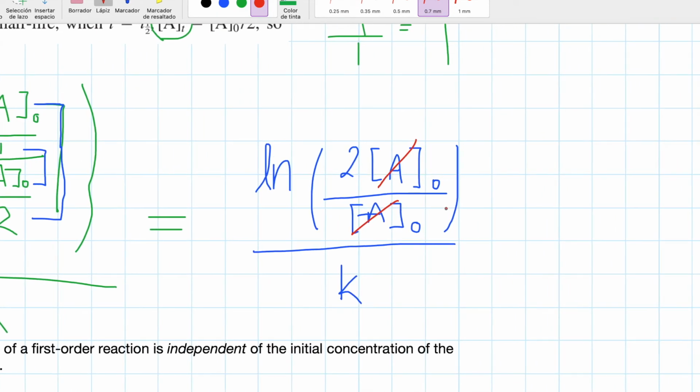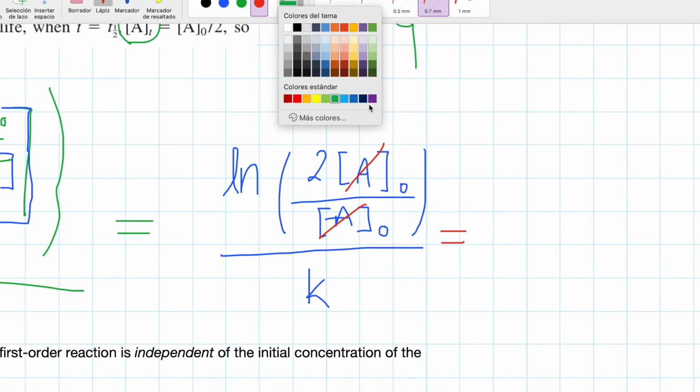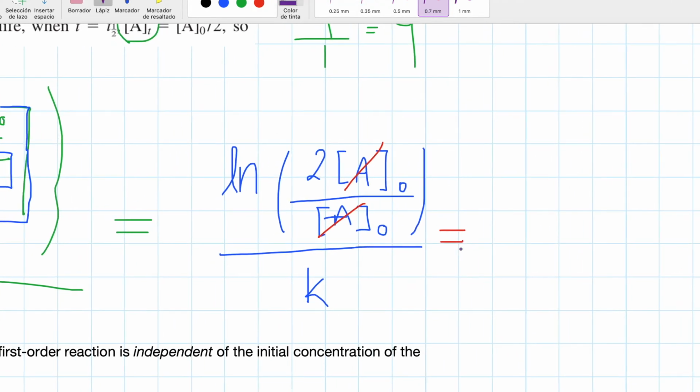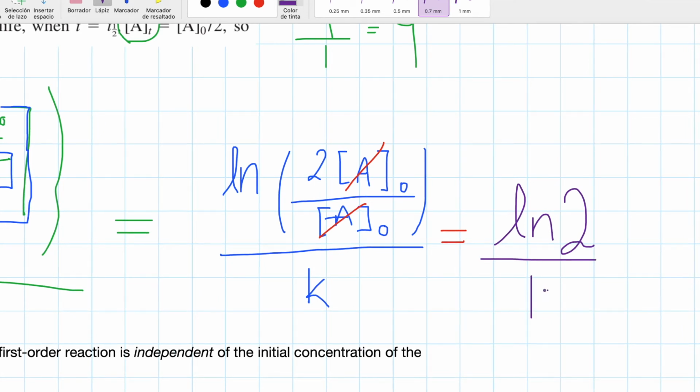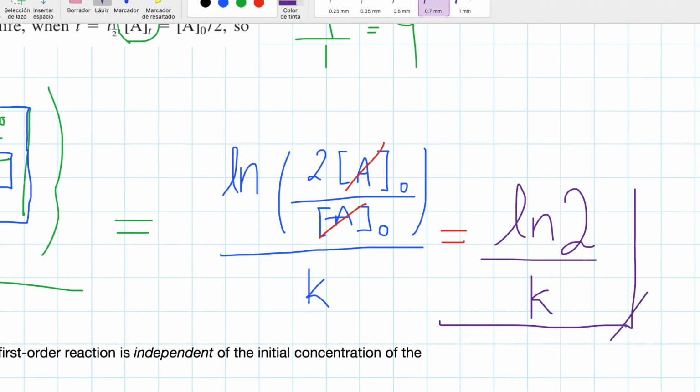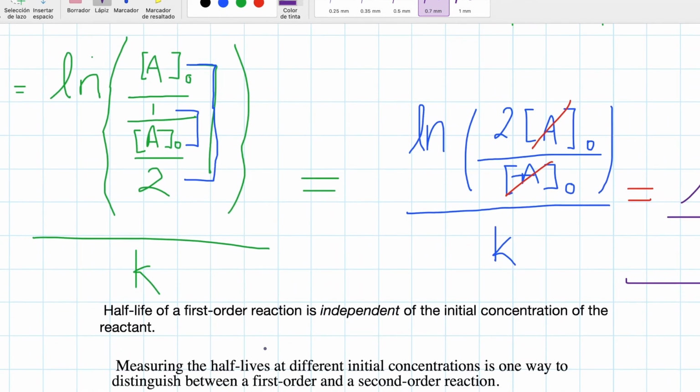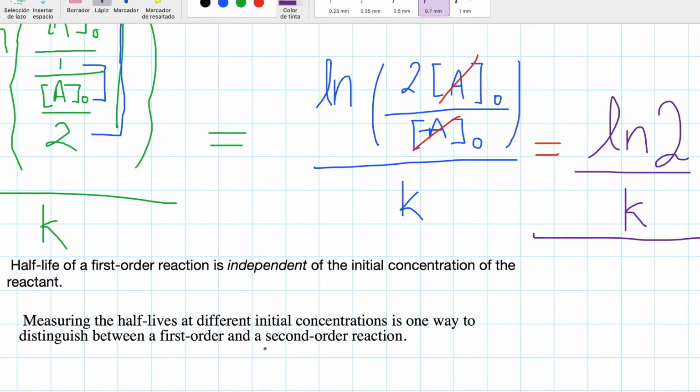As we can see, we can cancel out the initial concentration because we have it in the numerator as well as in the denominator, and this is true because they are multiplying, so we can go ahead and do that. So our final half-life equation for this first order reaction is going to be ln of 2 divided by k, and this will be our half-life equation.